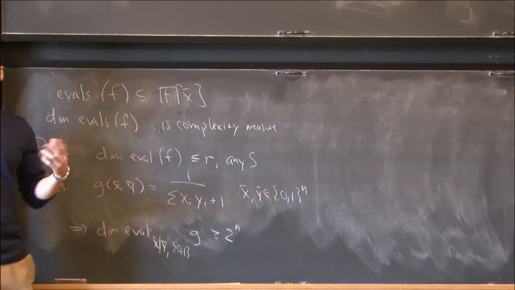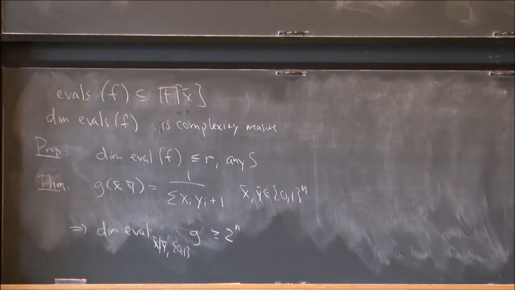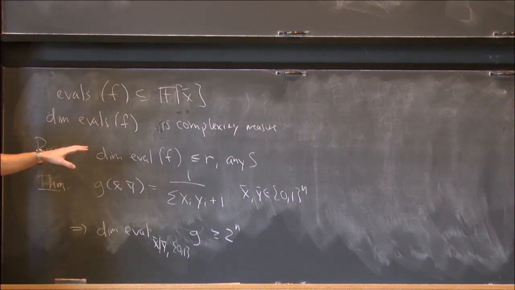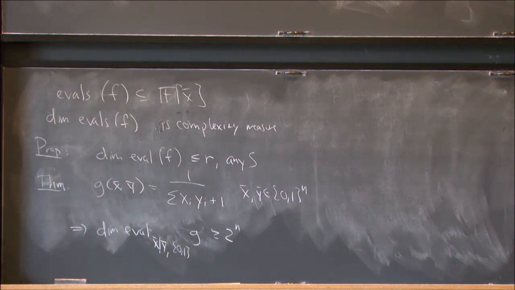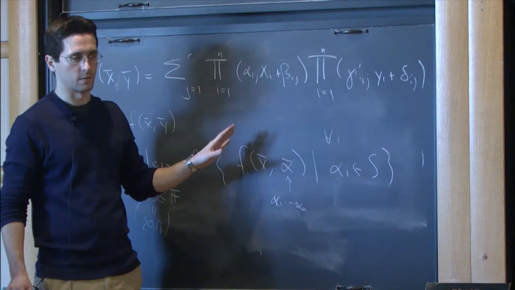So I don't know about its evaluation dimension when S is like 2, 3, or 5, 6. I only know about its behavior on 0, 1. And so this is somewhat unique in algebraic complexity, that this measure, to some extent, only depends on the functional behavior of f.